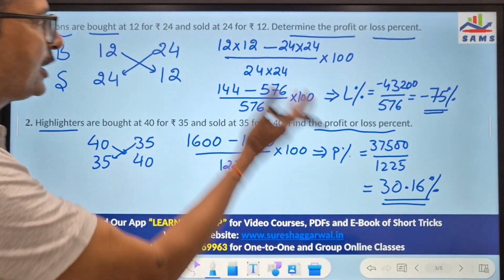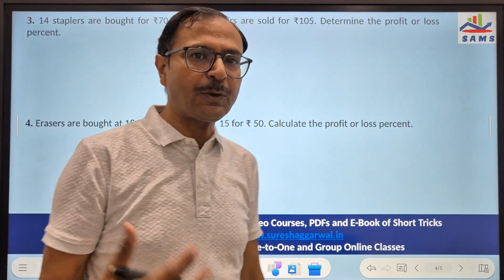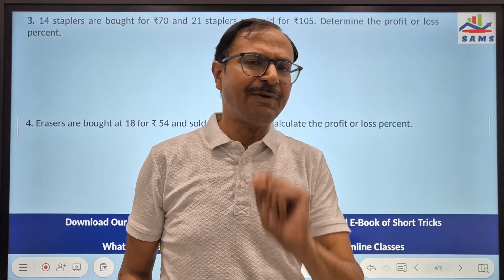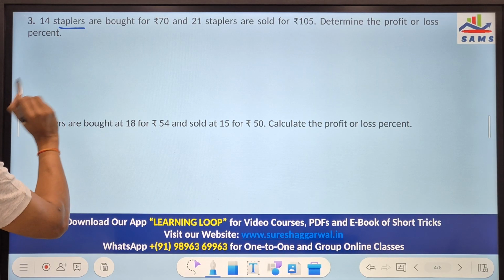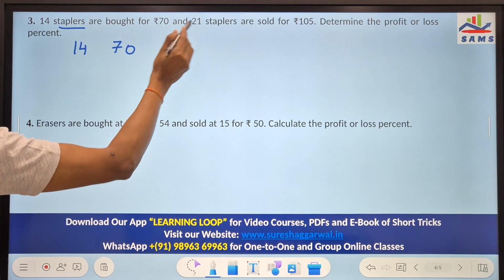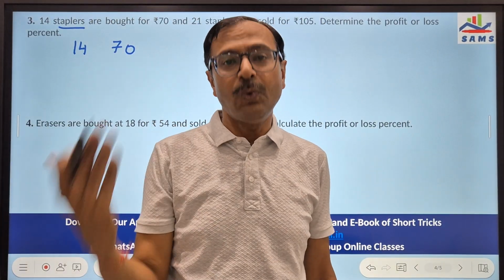Now I can go on and solve so many problems for you, and you will see how the speed of calculation increases as you progress through these questions. So let's see one more question. Here we have another question where staplers are bought 14 for rupees 70, and here the quantities are different, see, but still the trick works.